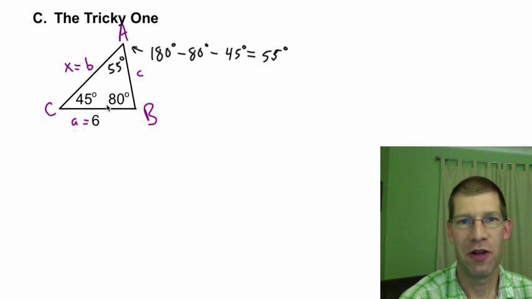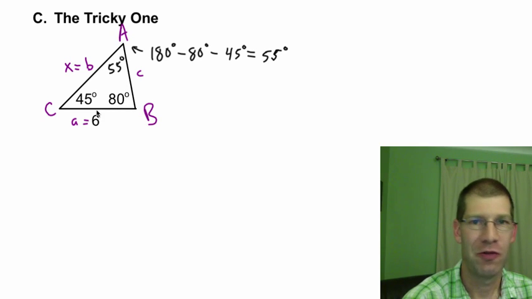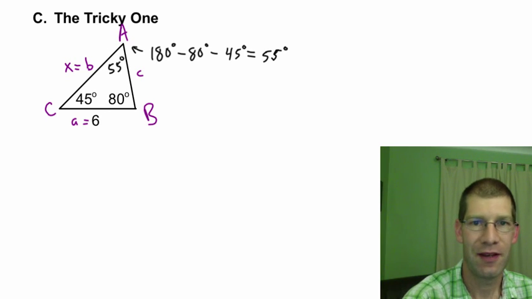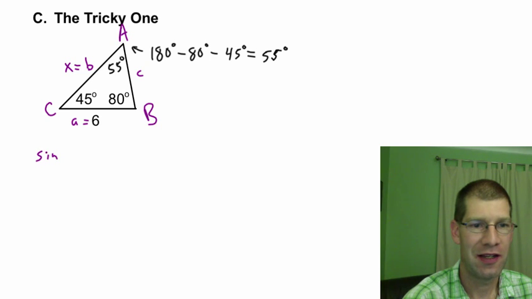And now once we know that, we're back to what we did in that first example. You just go through and solve from there. So real quickly I'll do this. If we're looking for x, that's our unknown. So we know that we need sine of b over b, because that has what we're looking for.